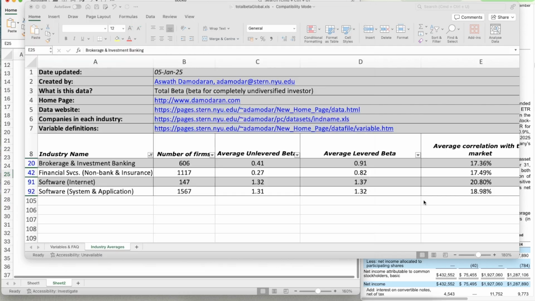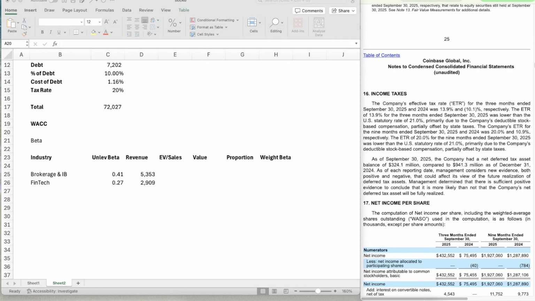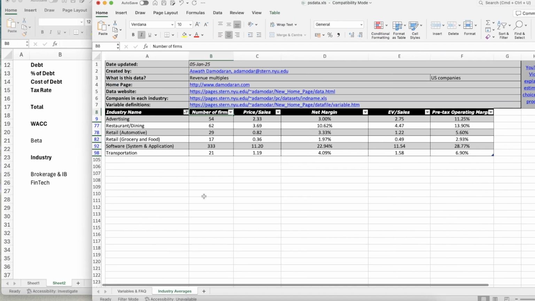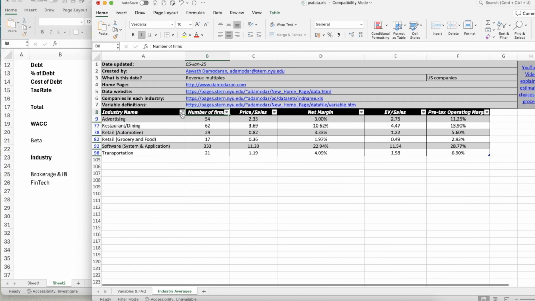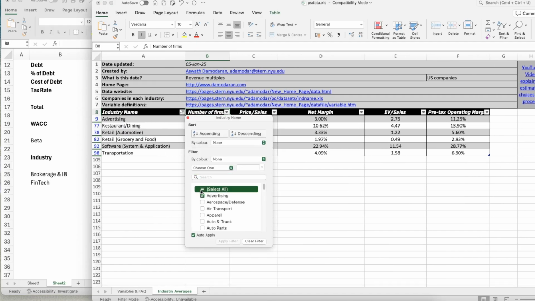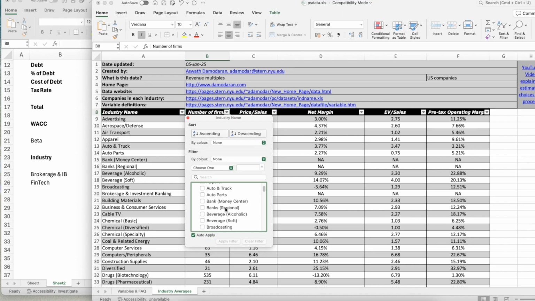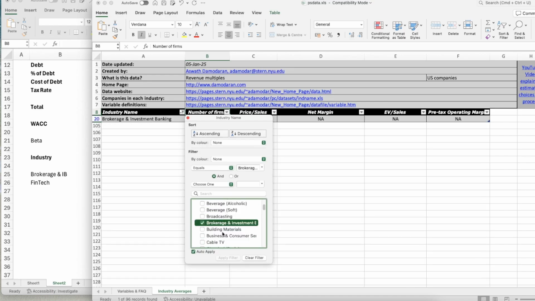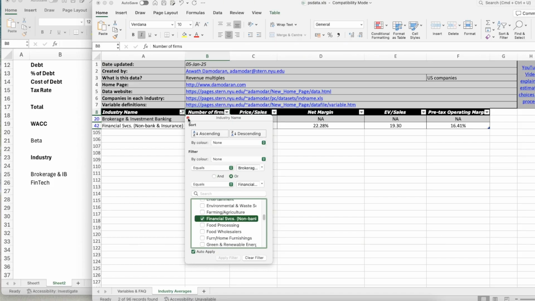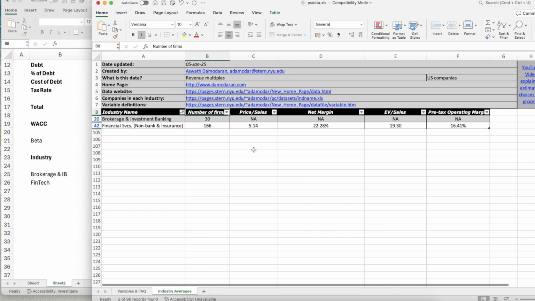So the EV to sales for these companies are, price to sales data, we want brokerage, service.